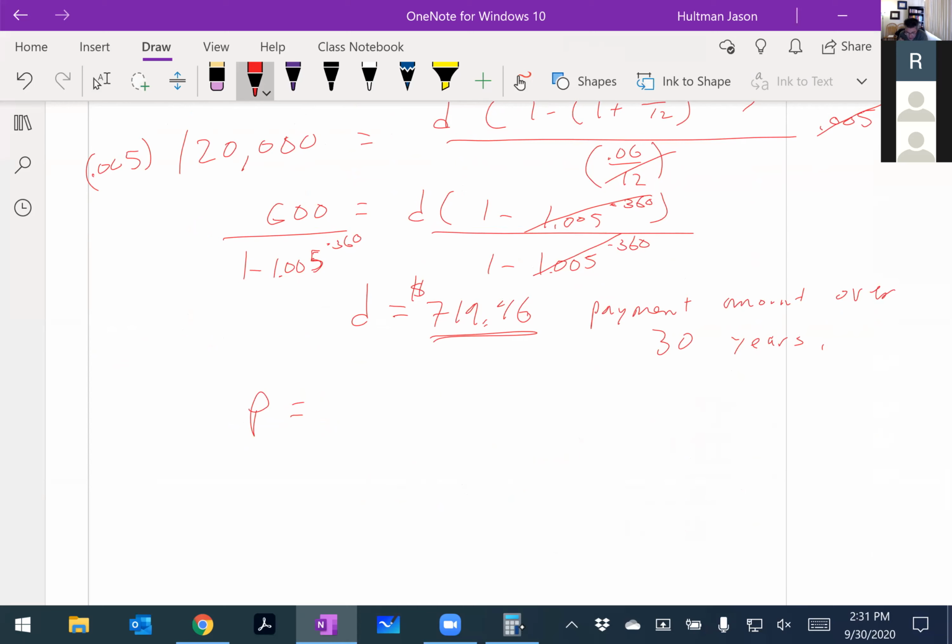How much house can I afford if I make the same payment, but I do that over 15 years instead of 30? So it would look like that.